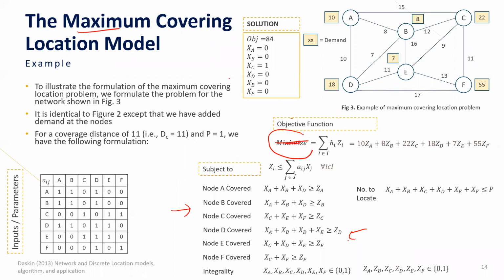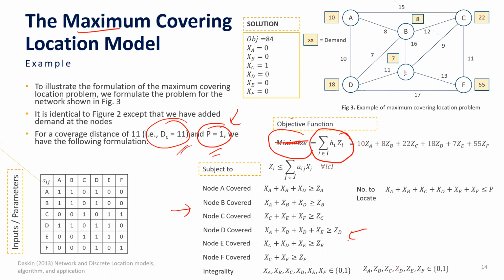The title is maximum demand covered. Let's say you have a limited budget to assign the facility. You are only able to build one facility, and the distance coverage is 11.